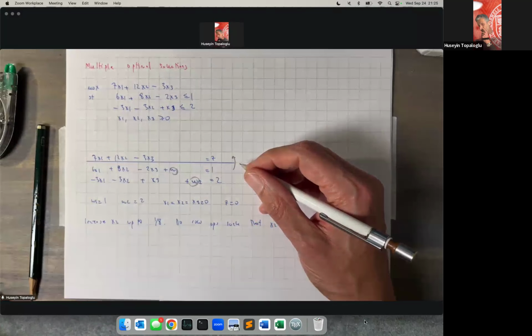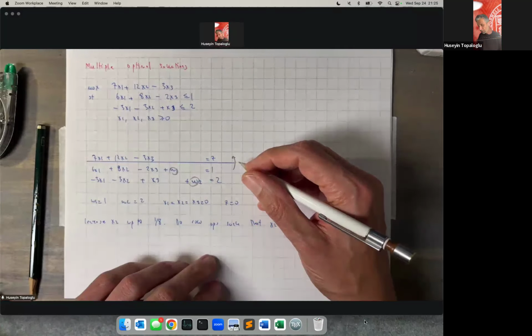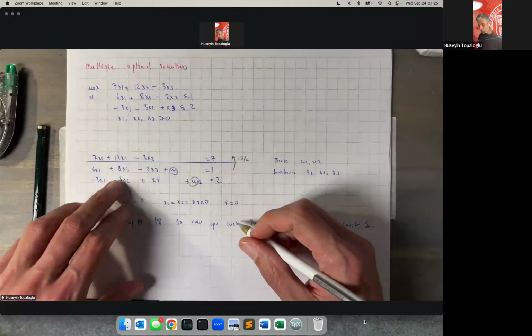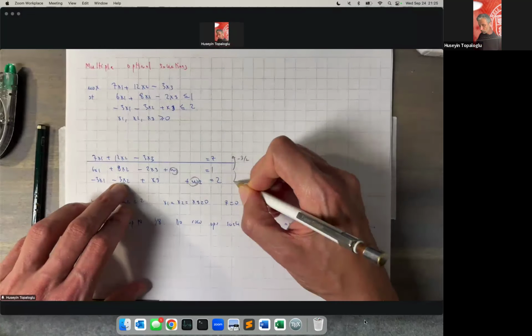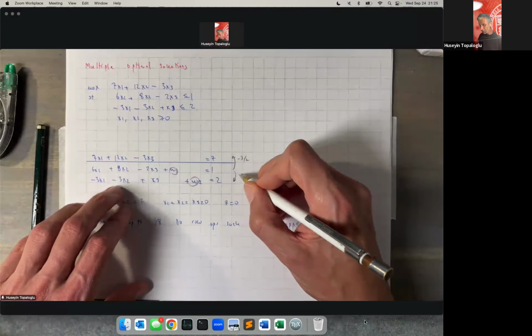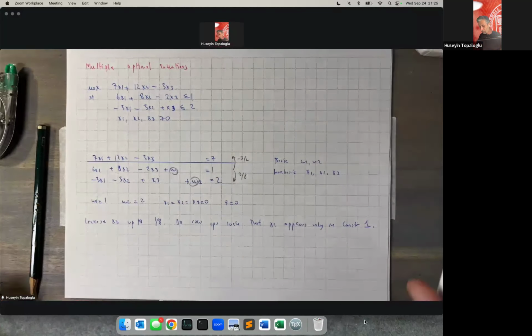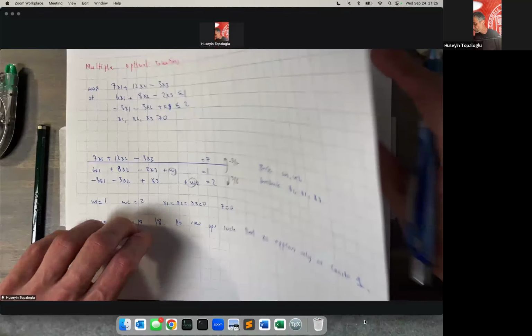What is minus 12 over 8? Minus 12 over 8 cancelled by 4, that is minus 3 over 2. Good. And to make X2 disappear from the second constraint row, take the first constraint row and multiply it by 3 over 8 and add it to the second constraint row. So let's do those row operations and see where we get.